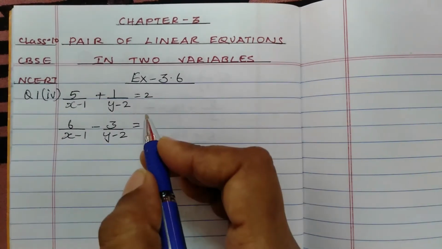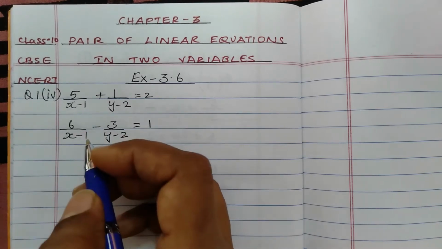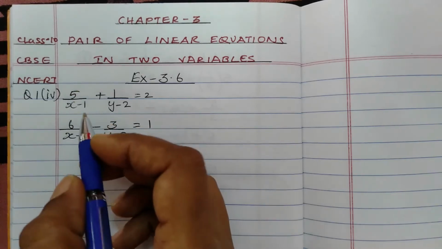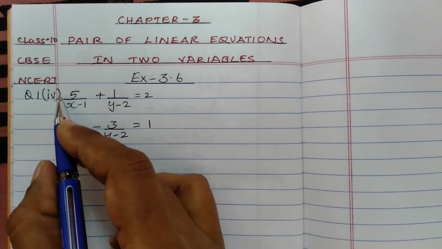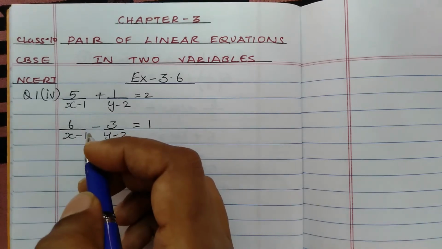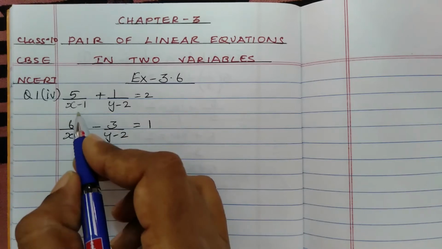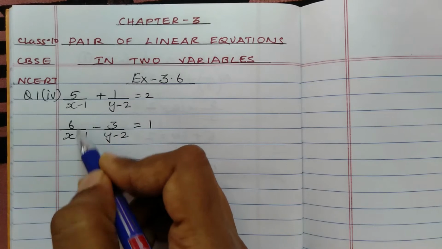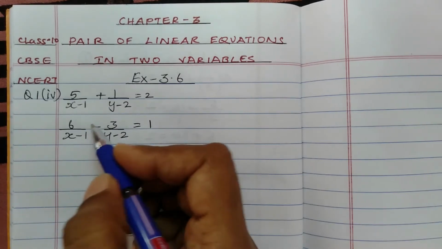Now if you recall our previous videos of the same sum, the previous 3 parts, then you would have noticed that we had actually split the term into the variable and the coefficient separately. Now we have to do the same thing over here. So here if you see in both the equations, the first term has x minus 1 in the denominator.